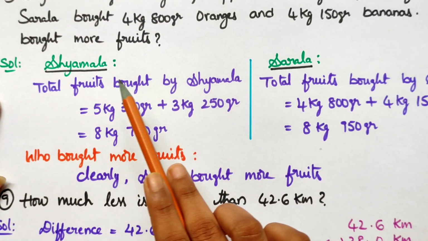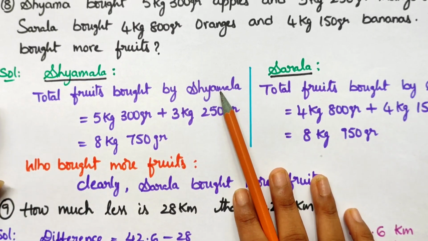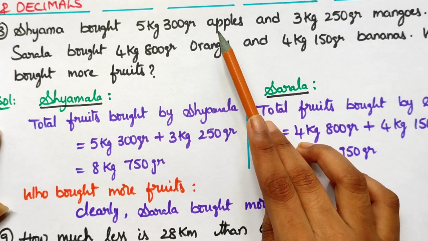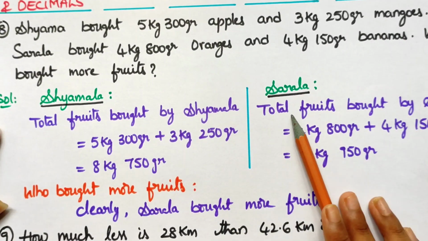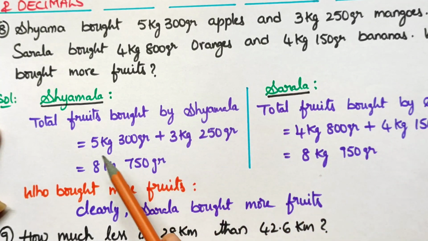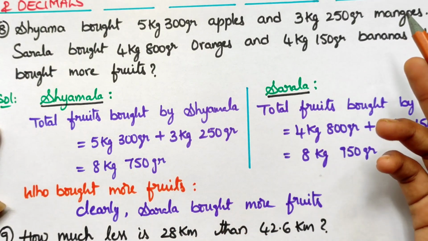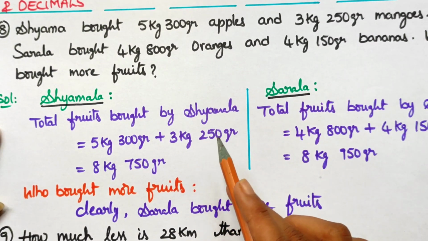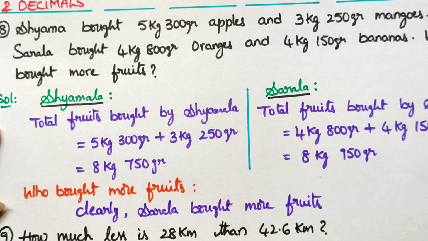Total fruits bought by Shyamala: apples and mangoes. Weight of apples is 5 kg 300 grams plus weight of mangoes 3 kg 250 grams. Now by adding both these weights we get 8 kg 750 grams.